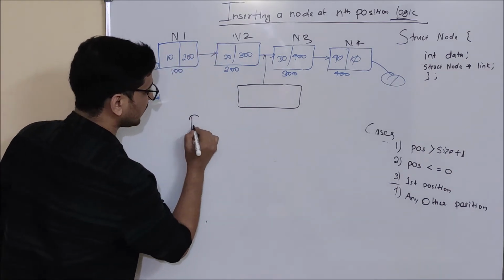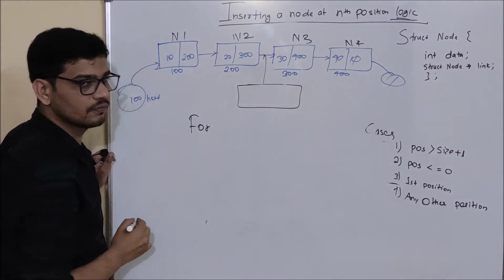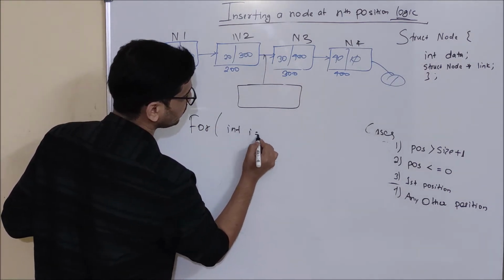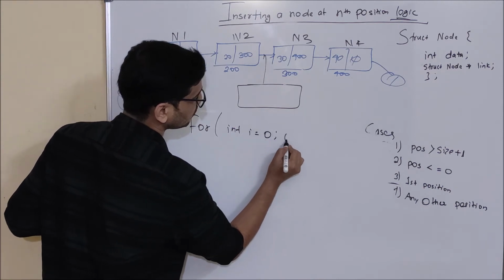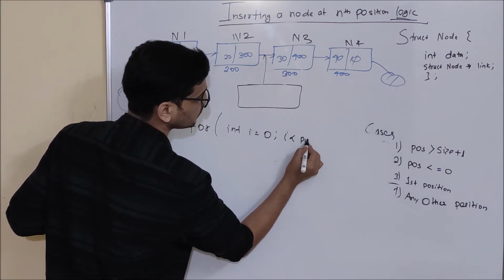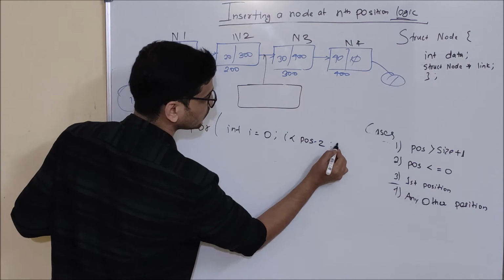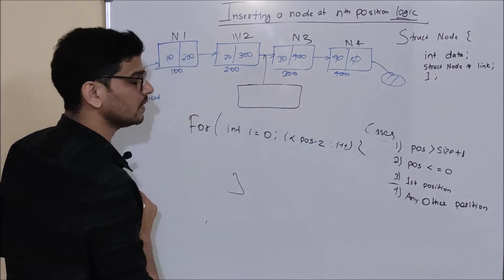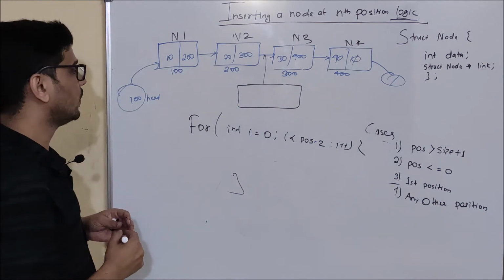So for that we are going to use a for loop. For int i equal to 0, i is smaller than position minus 2, i plus plus, and in every iteration I will update the pointer.